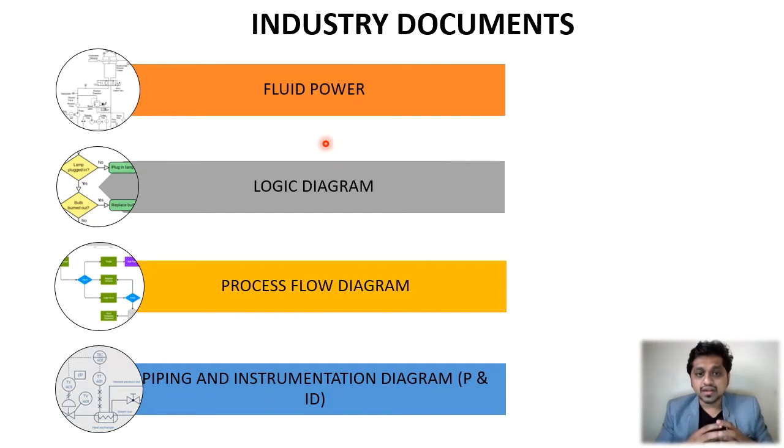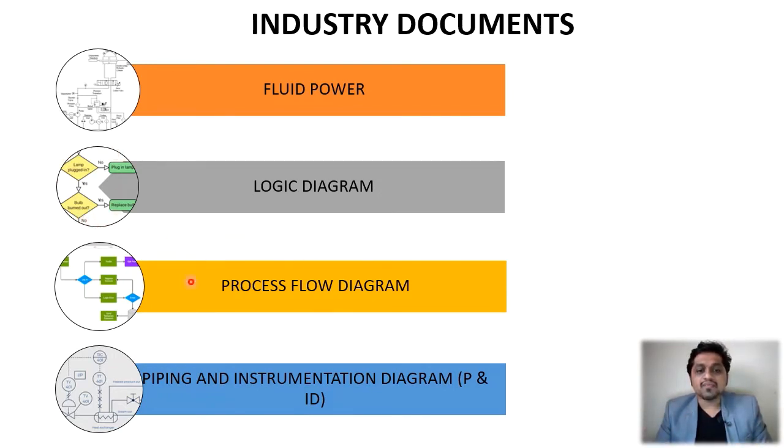So here comes the need for logic, because there is a PLC which takes input from the sensors, and according to that it gives the signal to the output instruments, say a motor, and the machine works. So there should be some logic. That means if this specific condition is achieved, only then should this motor start. For that purpose we make a diagram which is called a logic diagram.